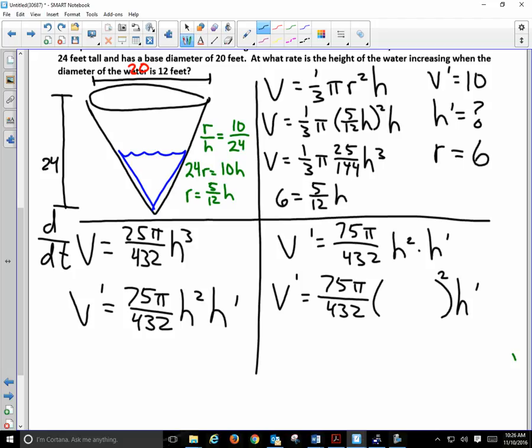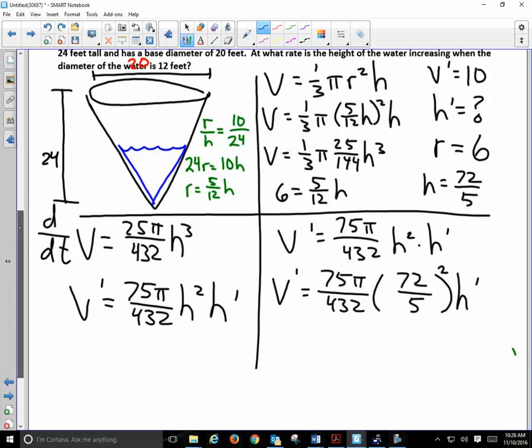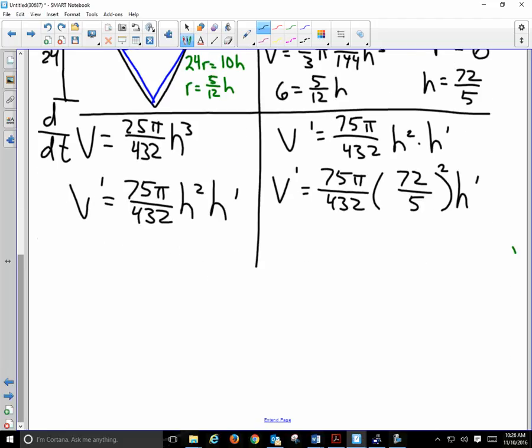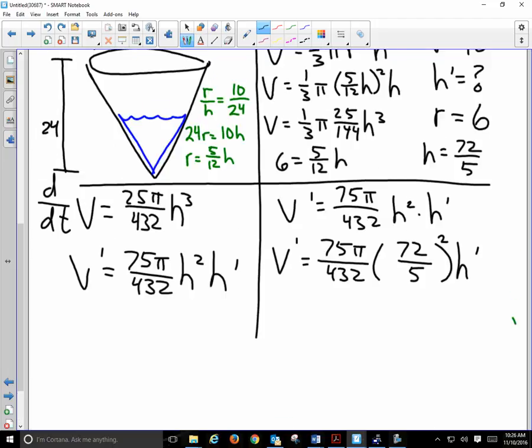Multiply by the reciprocal, and height is then equal to 72 over 5. I'm going to multiply by 12 over 5 to get rid of that. 6 times 12 is 72.